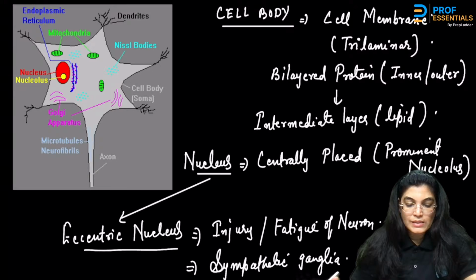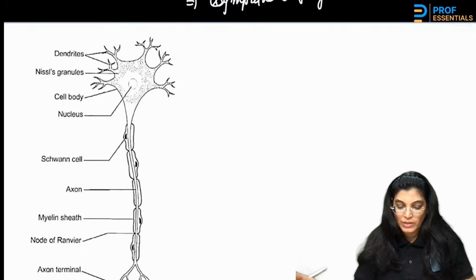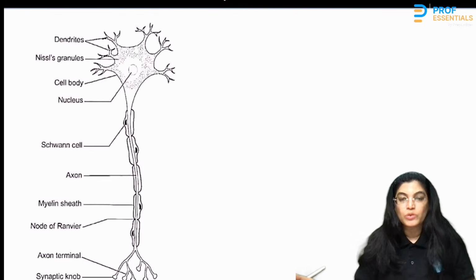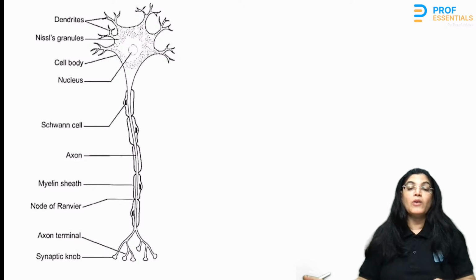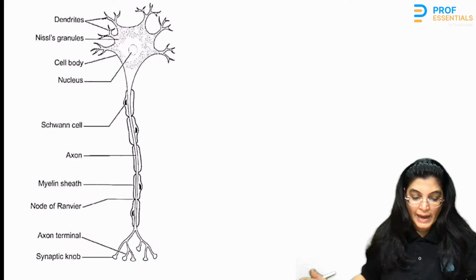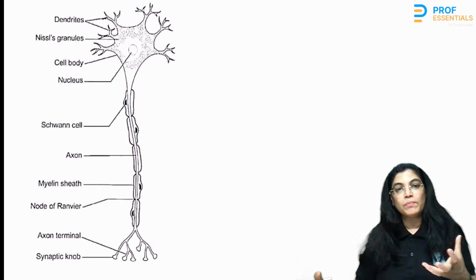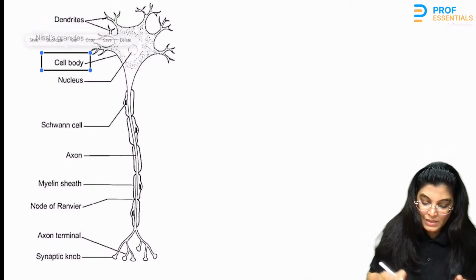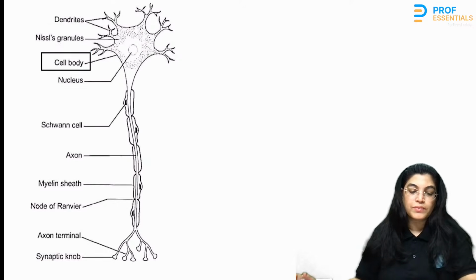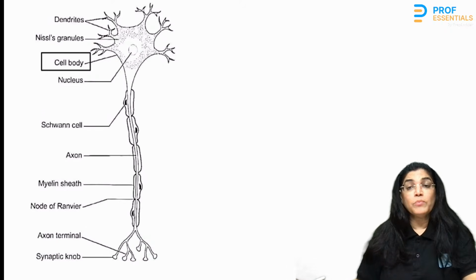Now, inside the cell body there is also the presence of Nissl granules. So again, I would like to show you this image, another view in which you can appreciate a few important points about the Nissl granules. You can also see the cytoplasm of the cell body. It has a basophilic appearance and contains rough endoplasmic reticulum and ribosomes, important for protein synthesis.